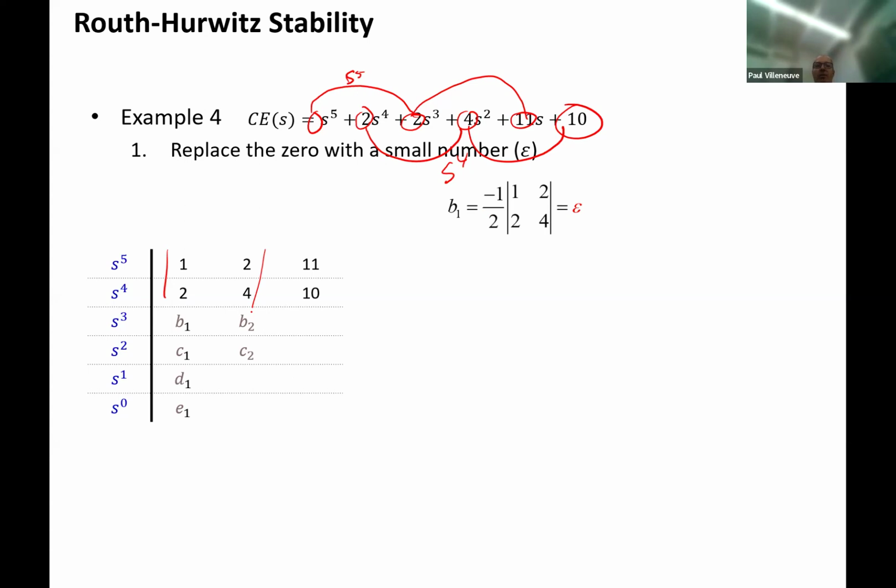Now, I said to replace it with an E, but technically, I should wait to replace it until I check what B2 is. So I'm going to wait, and I'm going to check and see what B2 is. B2 is a non-zero number. B2 is 6. So now I would go back in and update B1 and make it a 0.